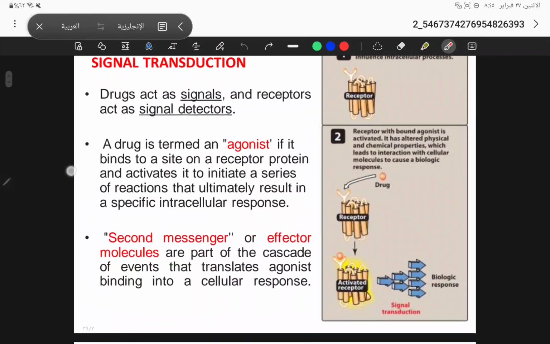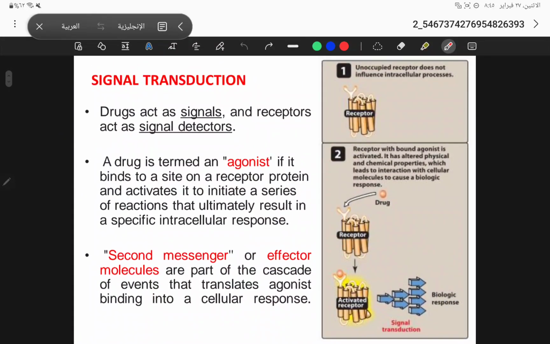We have a very important thing to be determined in drug-receptor interaction. Of course, we said that any drug to be effective should have a certain kind of receptor, whether we have a beneficial or harmful effect. So what is going to happen when the drug interacts with the receptor?